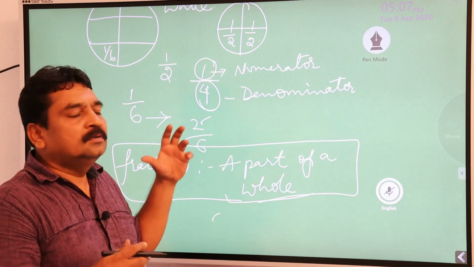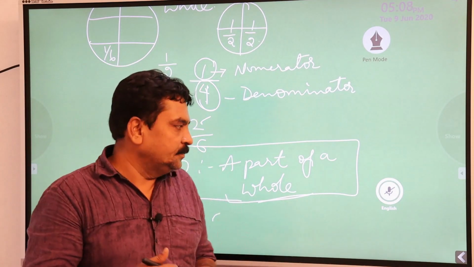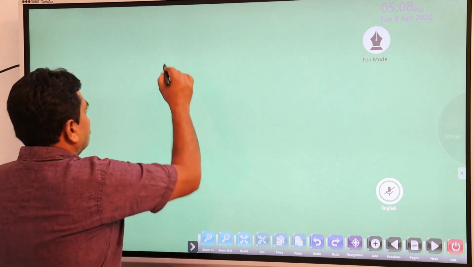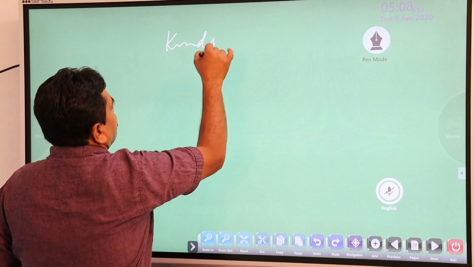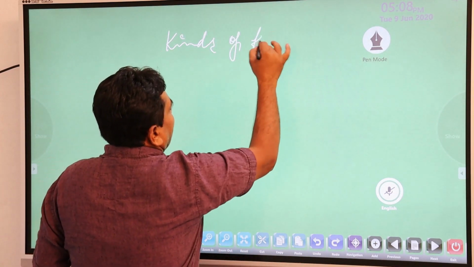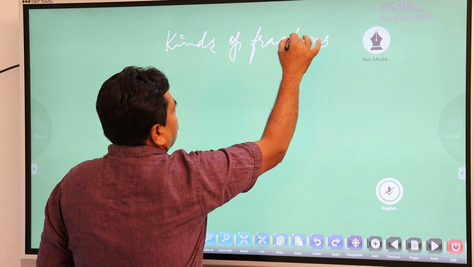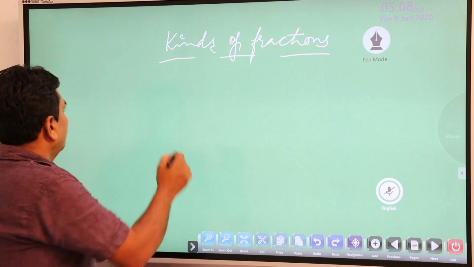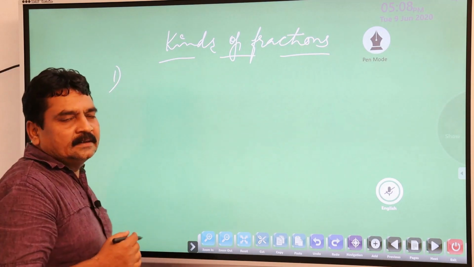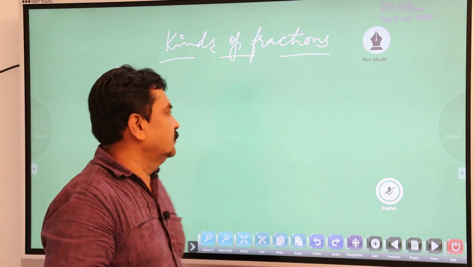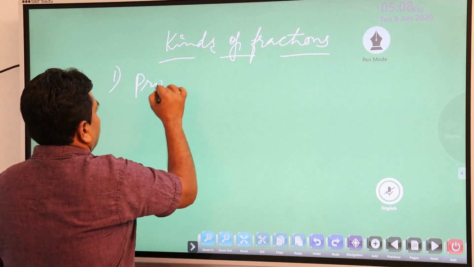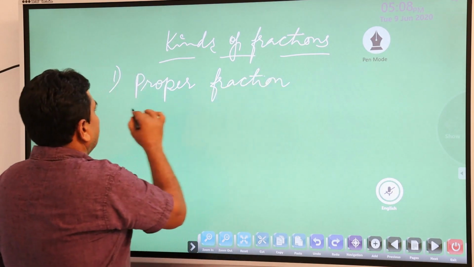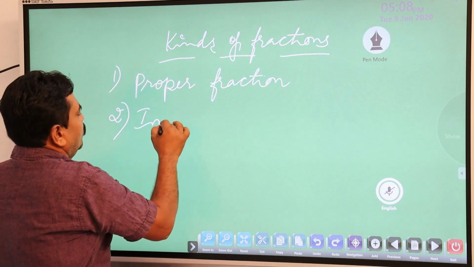Now I'll go to the kinds of fractions. Kinds of fractions. First, you call it a proper fraction. Second one, you call it an improper fraction.